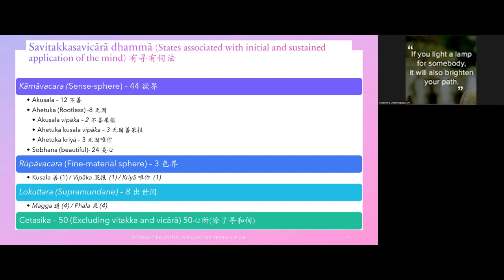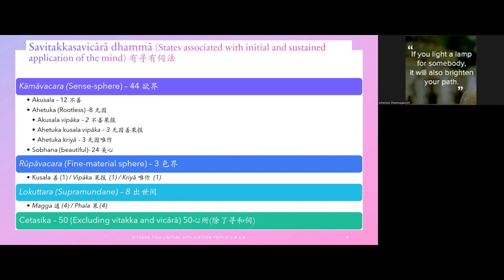How do we get 44? In total, we have 54 kāmāvacara consciousness. When we deduct the 10 ahetuka consciousness, the eye, ear, nose, tongue and body consciousness, we get 44.